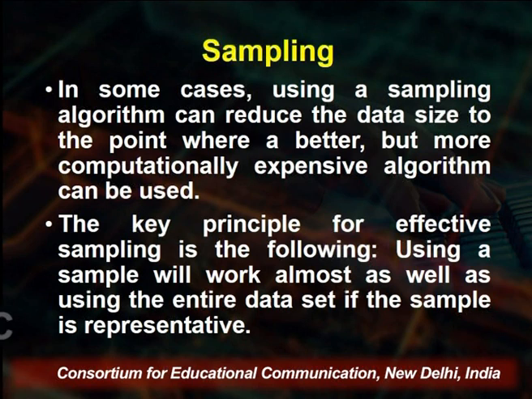So what is the key principle that is used for effective sampling? That using a sample will work almost as well as using the entire data set if the sample is representative. That is, a representative sample will show all the properties exactly the way the entire population, the original set of data, is going to show.